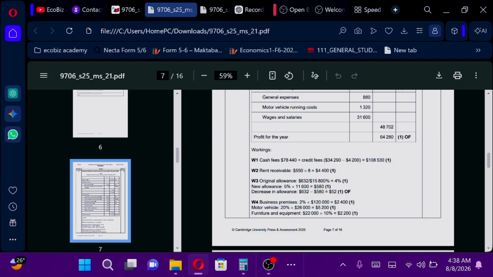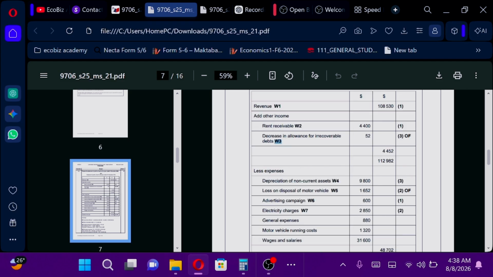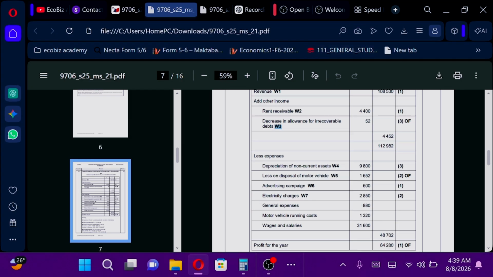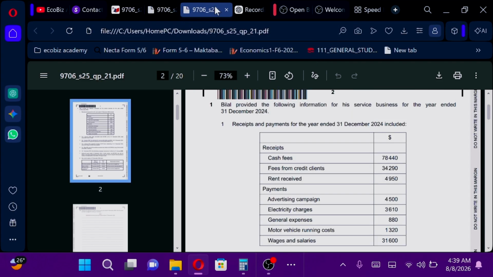Let's look down here. Yes, here it says we have the revenue, then we less expenses to get the profit at the end of the year. So this is what we need to do. Here we take the cash fees, which is 78,444.